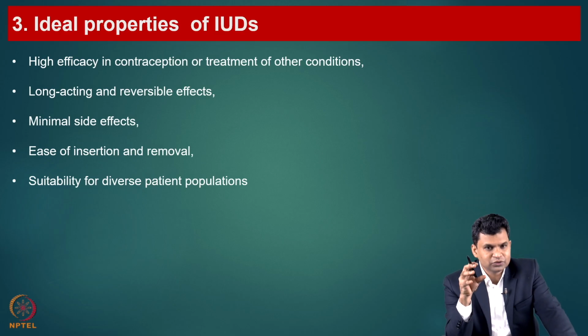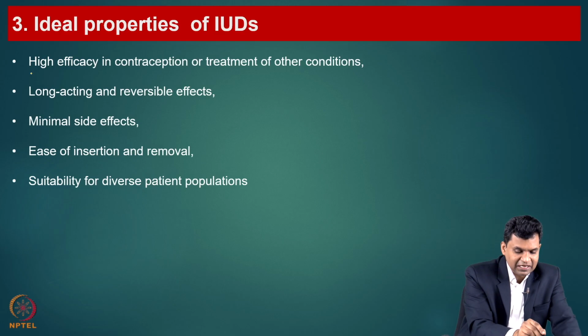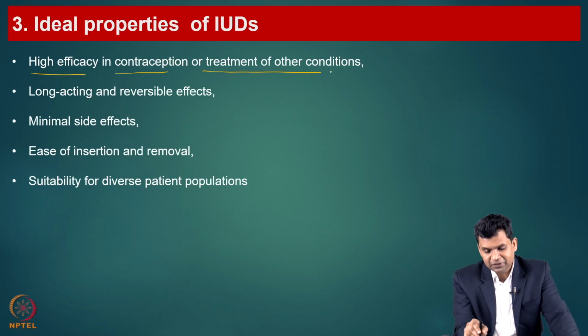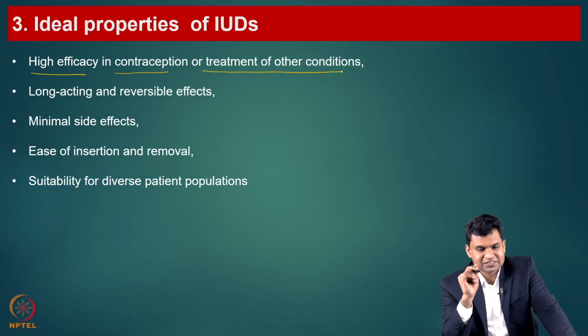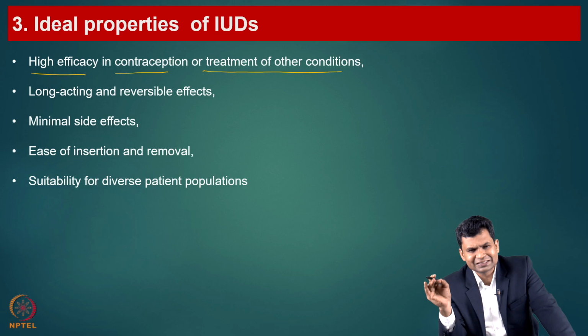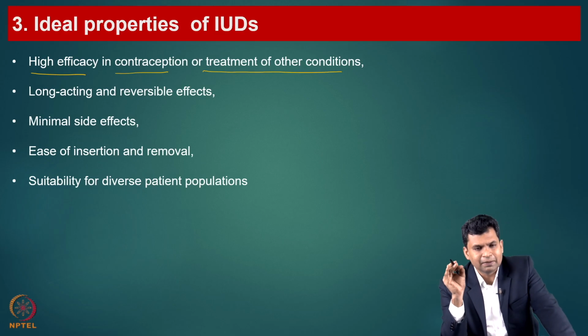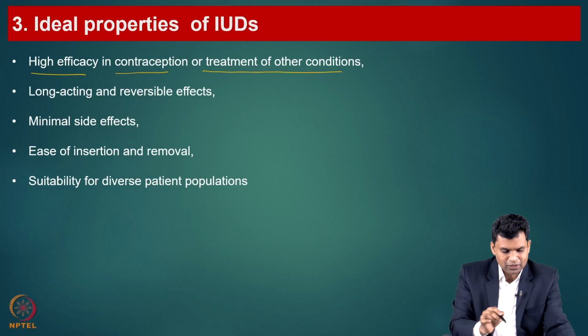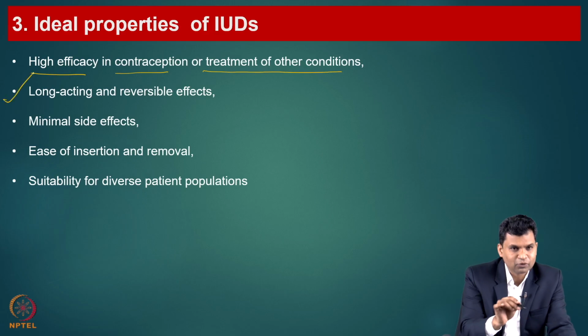Your device should have high efficacy in contraception or in the treatment of any other disease conditions. Most of the IUDs we use for contraception, and there are cases where we use them for bleeding applications, okay, right.